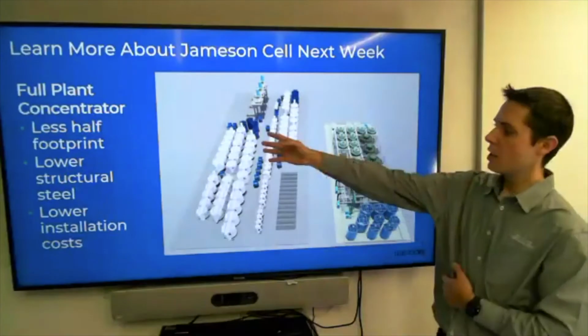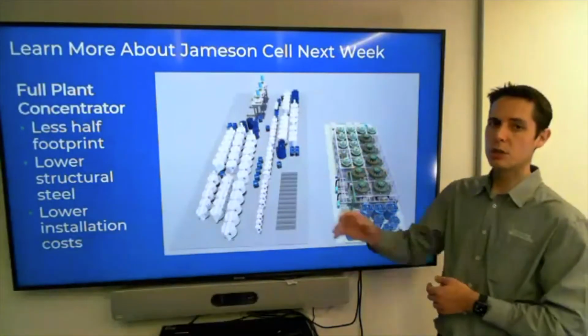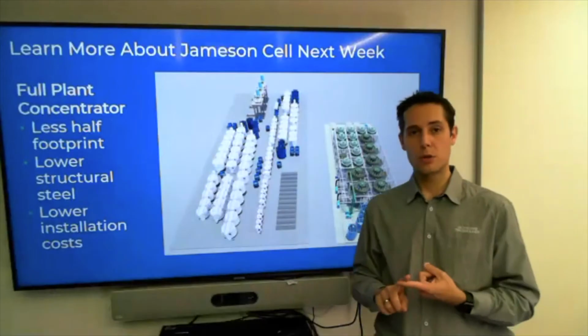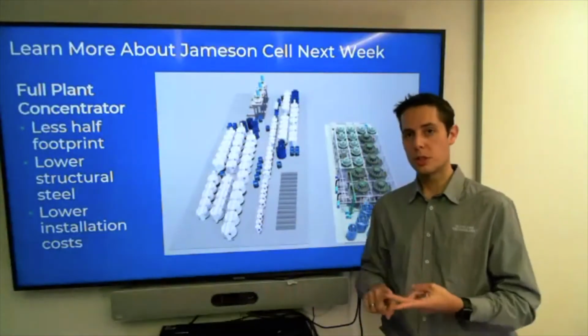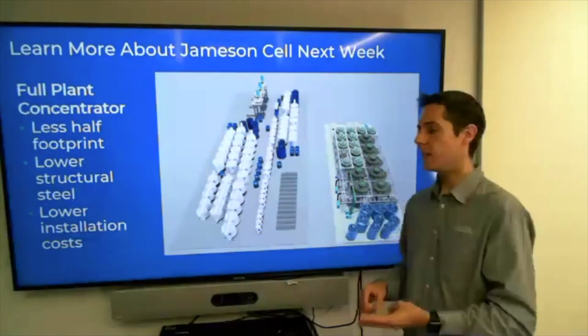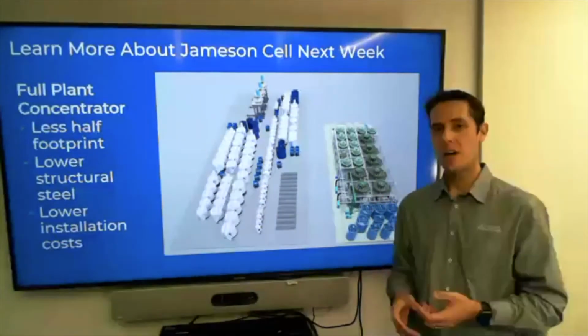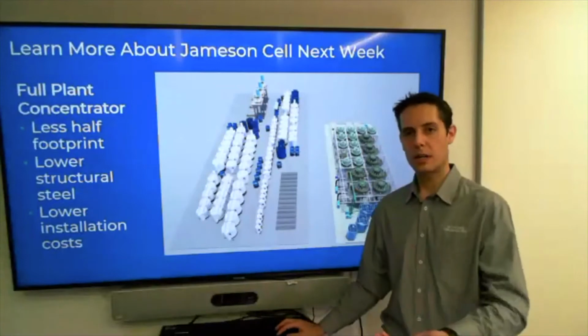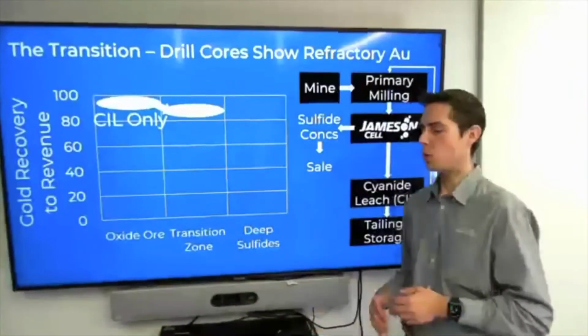Now you can see the reduction in cells, you can see the reduction in footprint, but I really recommend you go to our YouTube channel, subscribe to it, watch these videos, and then really be able to understand how you can have an ideal flotation solution to your gold recovery problem.